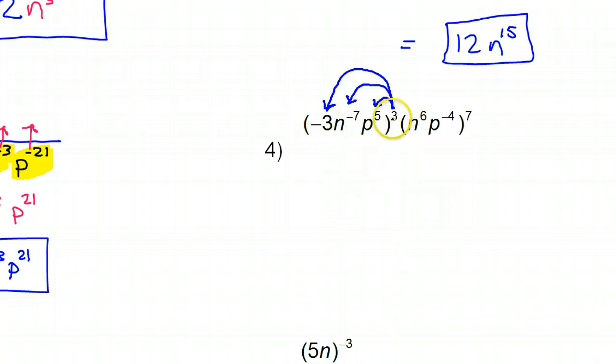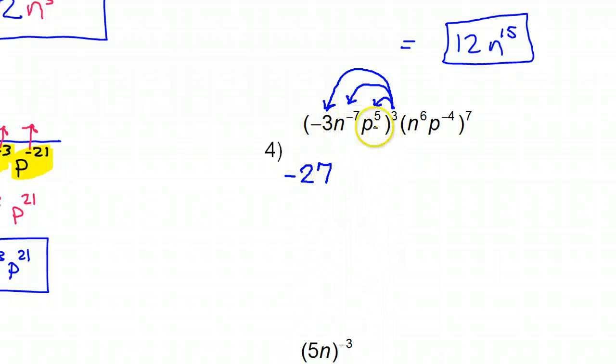I know that 3 to the 3rd power is 27. Because it's an odd power, that negative stays. So it will be negative 27. If this had been an even power, like 2, then this would be a positive 9. So remember, odd power, the negative stays.